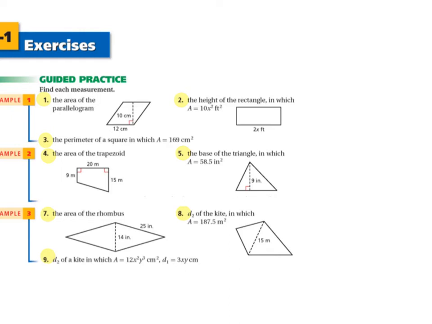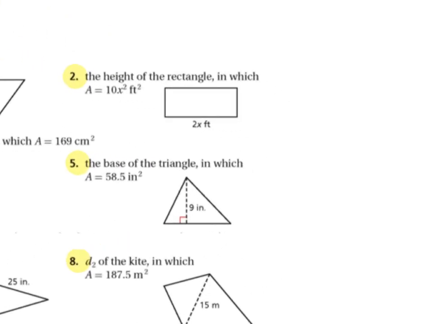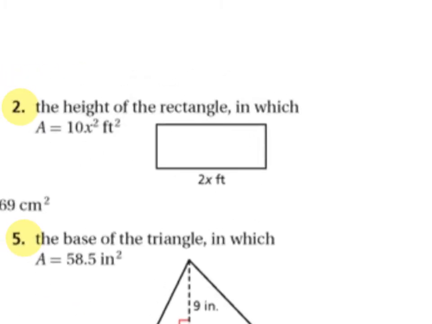So looking at number 2, the height of the rectangle in which the area is equal to 10x squared feet squared. So what we would do for this one is it gives us the area, and we know that area is equal to base times height.